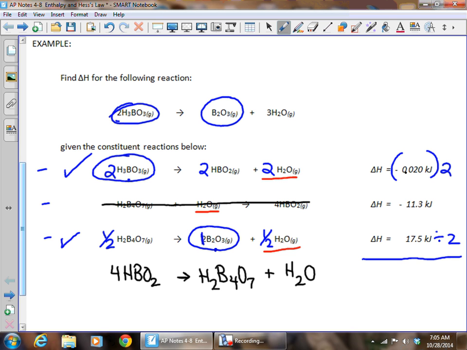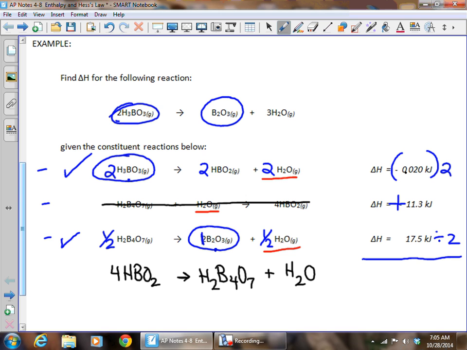Now, as soon as we reverse that reaction, we've got to go back up here and do what? Change the sign. Don't forget to do this. So this becomes positive instead of negative. And that's very important. That makes a big difference when we add these up in the end.